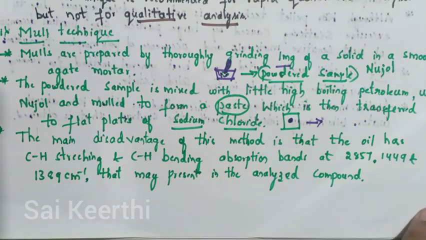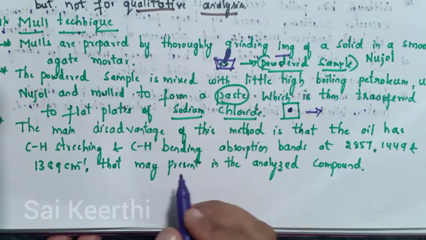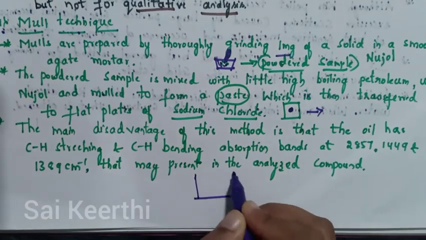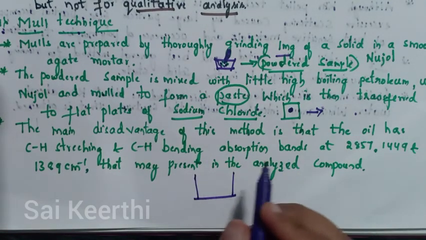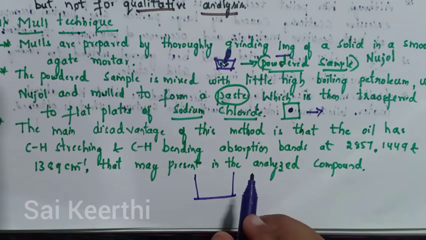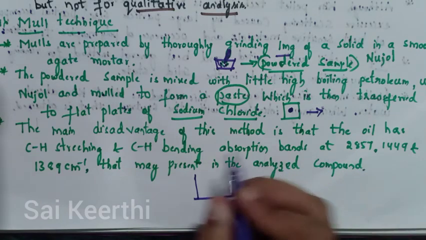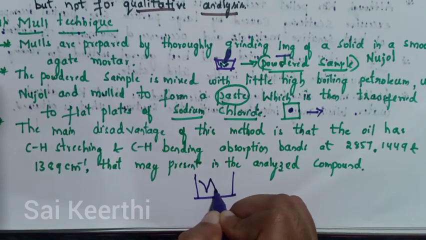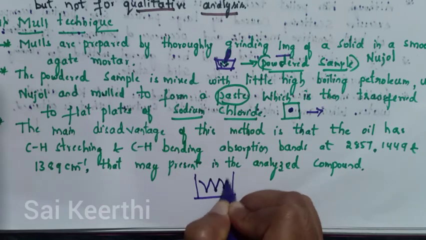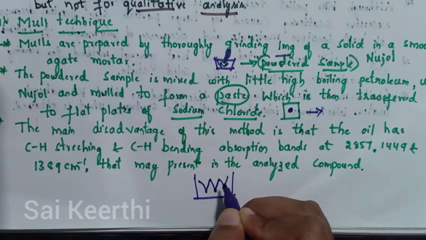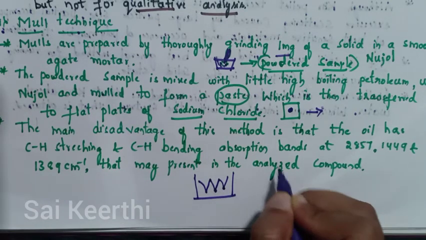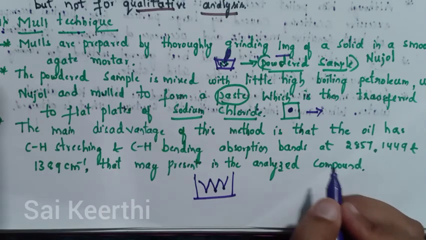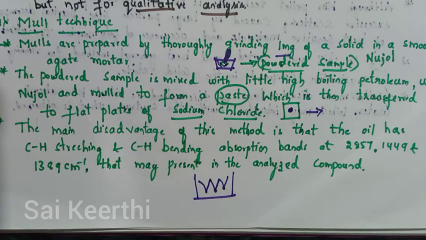So for example, if you are examining a compound, this oil, that is Nujol, has absorption bands at 2857, 1449 and 1389, which may interfere with the bands of the analyzed compound. So this is the main disadvantage of this method.